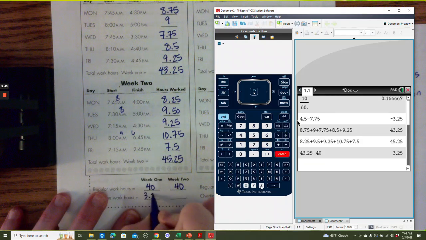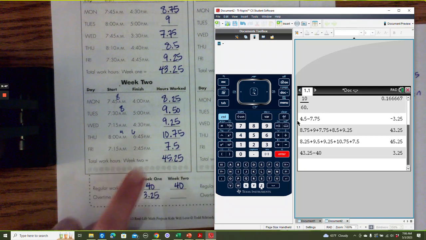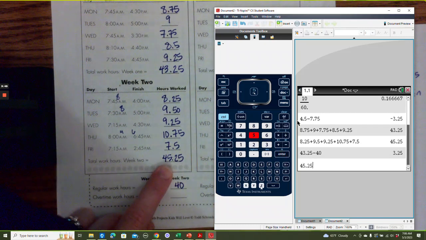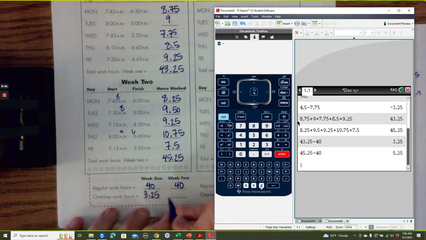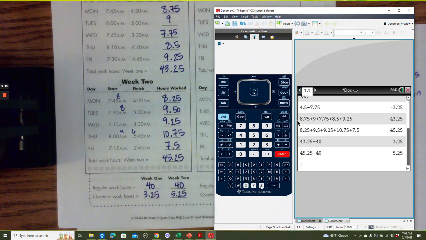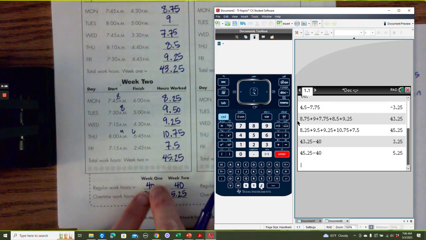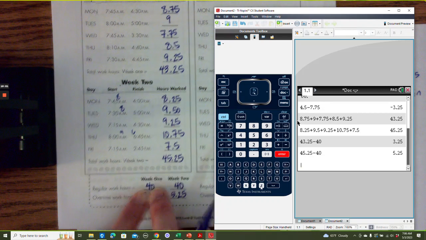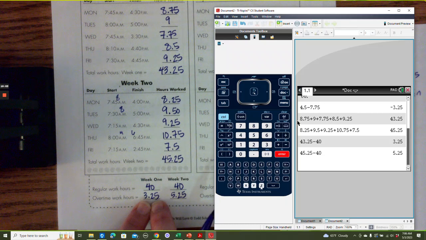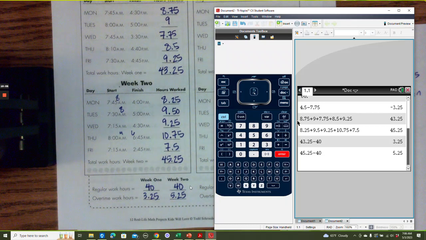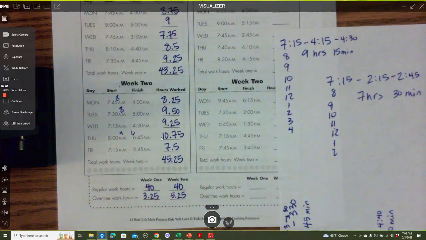And that's his overtime hours. So 45.25 minus 40 is 5.25. That's important. You need those values. Now, if it's less than 40, say they only work 36 hours, he would just have regular work hours, no overtime, okay? It's if you work over 40 hours that you get overtime pay.